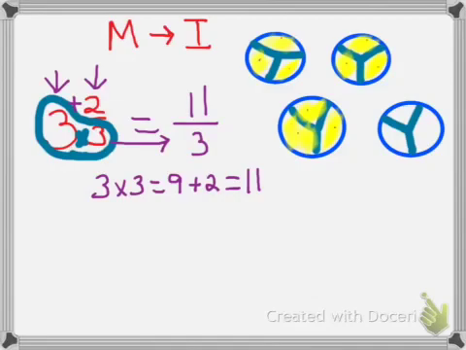Okay, so I need 2 more pieces colored in. 10, 11. There's 11 thirds. Well, if I look at my fraction once it's all done, I have 1 whole, 2 wholes, 3 wholes colored in. And my fraction that's left over is 2/3. So I got what I started with, 3 2/3. Okay, so that's going from a mixed number to an improper fraction.